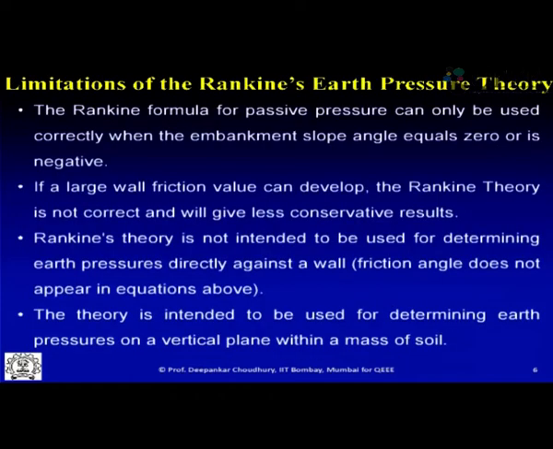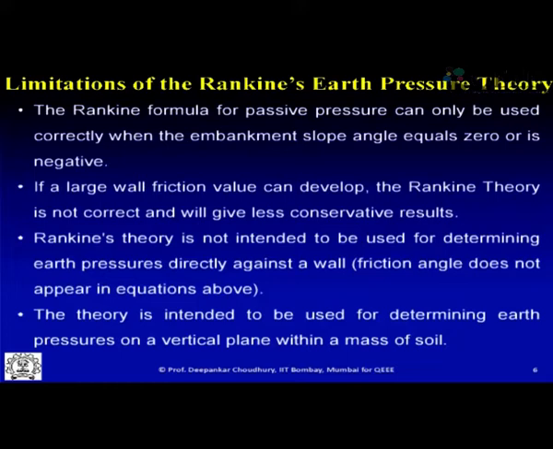Let us see what are the limitations of this Rankine's earth pressure theory. The Rankine formula for passive pressure can only be used correctly when the embankment slope angle equals 0 or is negative. If a large wall friction angle value can develop, then Rankine theory is not correct and it gives a less conservative result.